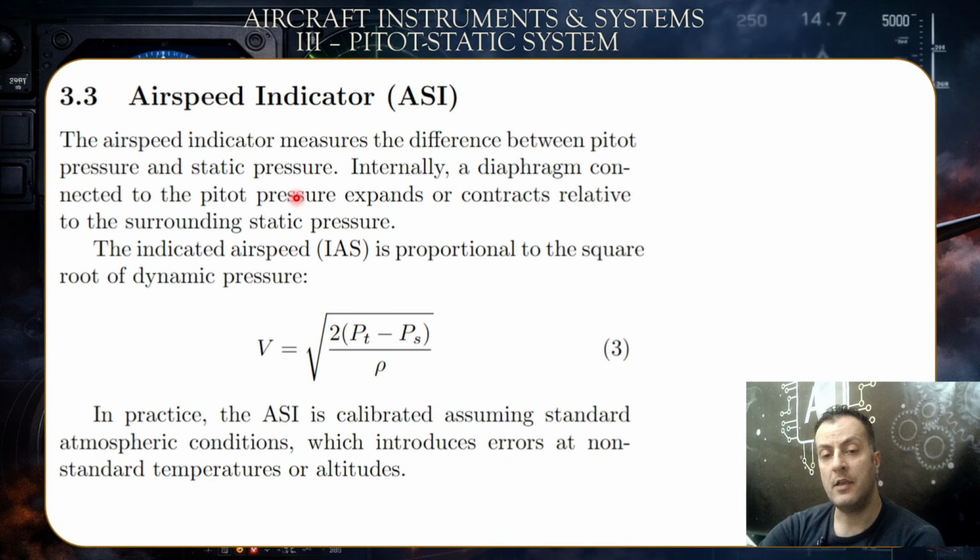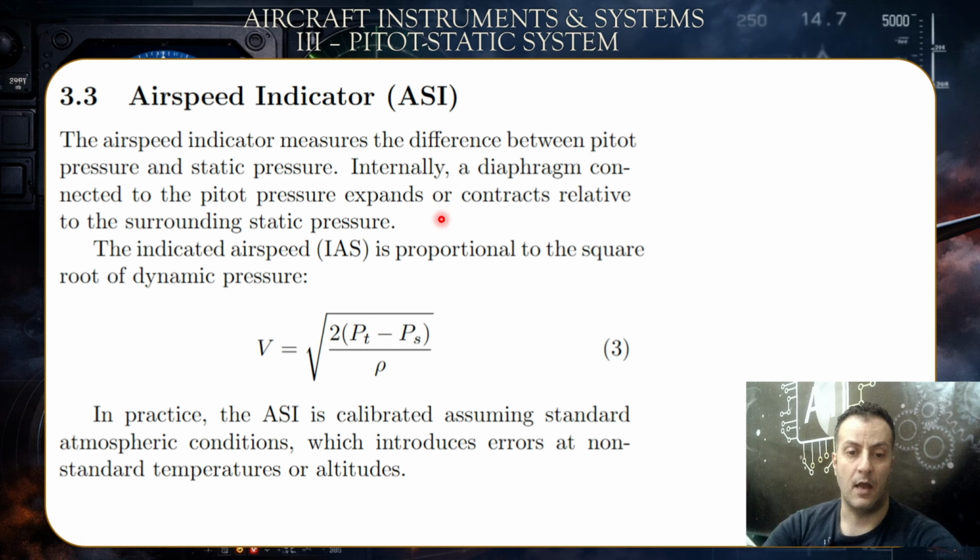The ASI, or Airspeed Indicator. So how does it work? The Airspeed Indicator measures the difference between pitot pressure, which is the pressure of the incoming ram air, and the static pressure. Okay? We mentioned before that internally a diaphragm connected to the pitot pressure expands or contracts relative to the surrounding static pressure.